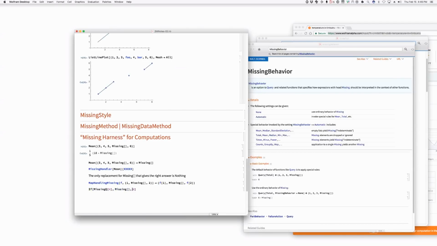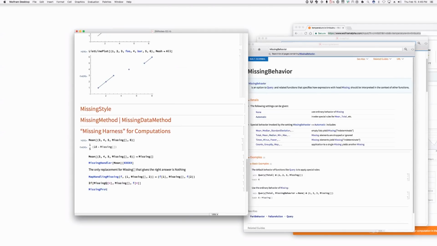What would that be called? That would be a missing protected or missing propagating f, blah, blah, blah. It's again an adverbial type form, but that just means if it's fed a missing.